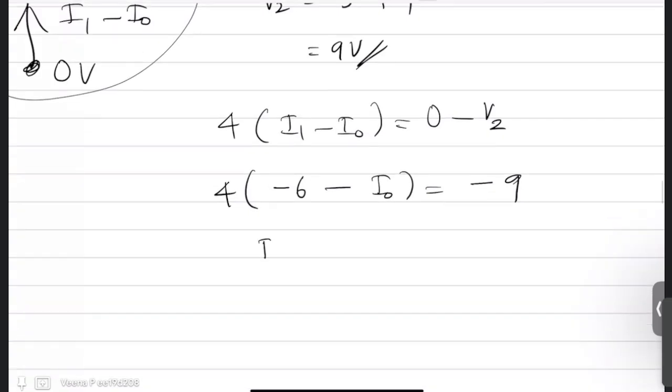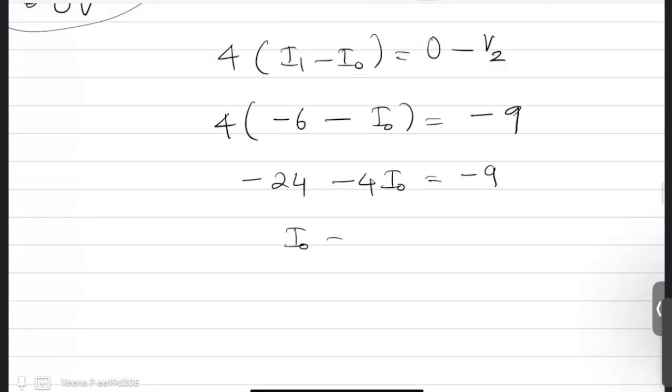Did I make some mistake? So this is minus 24 minus 4 I0 is equal to minus 9.